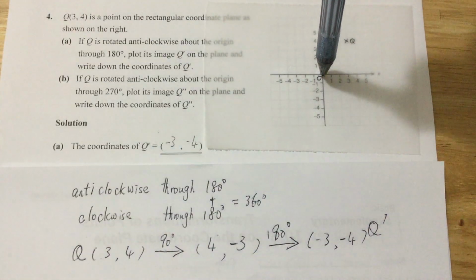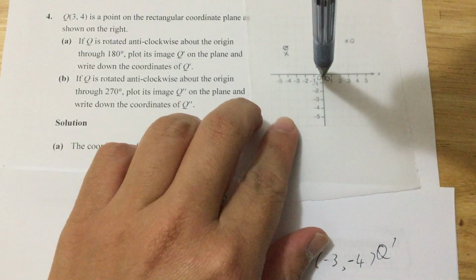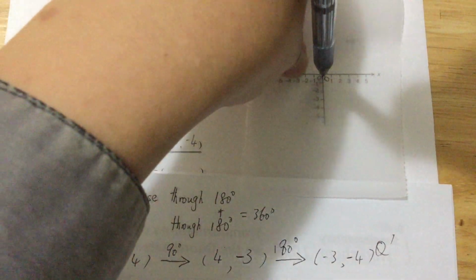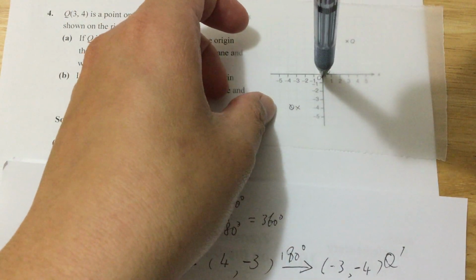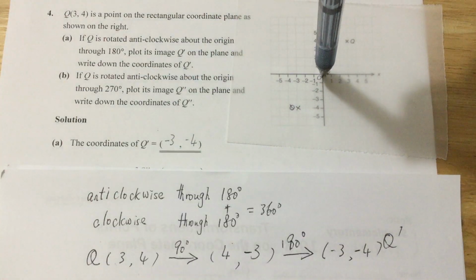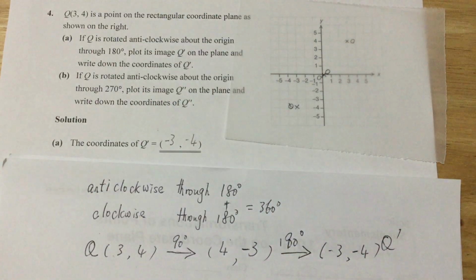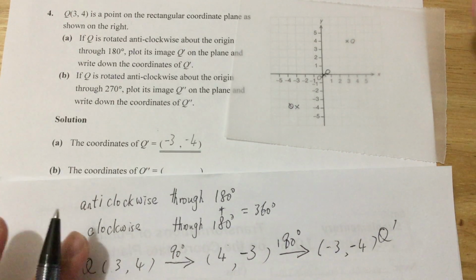And then we rotate it anti-clockwise 180 degrees. That means we change it one time. And then we change it 2 times. So you will see the point is correct. This is -3 and -4. Okay? So this is correct for part A. So make sure that you know how to do this.